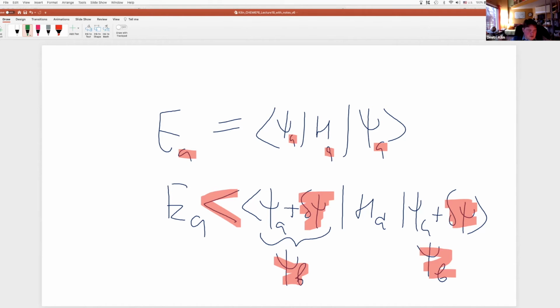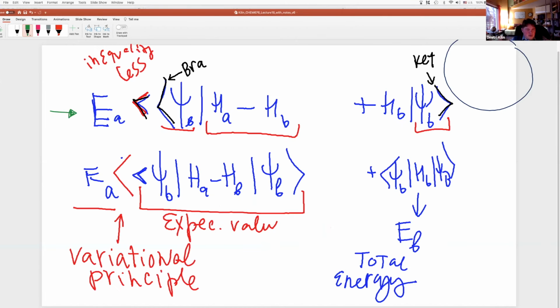Okay. Now I'm reproducing the same equation. You see here is the wave function b, which is incremented compared to the ideal wave function a. And here I'm performing a trivial mathematical operation.